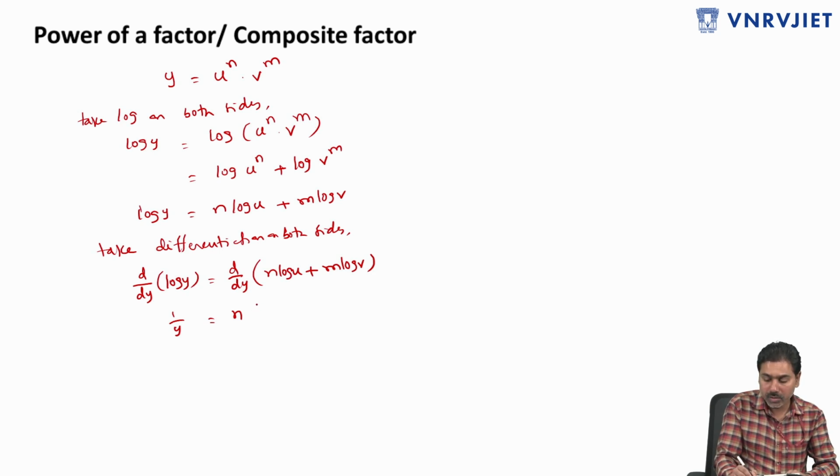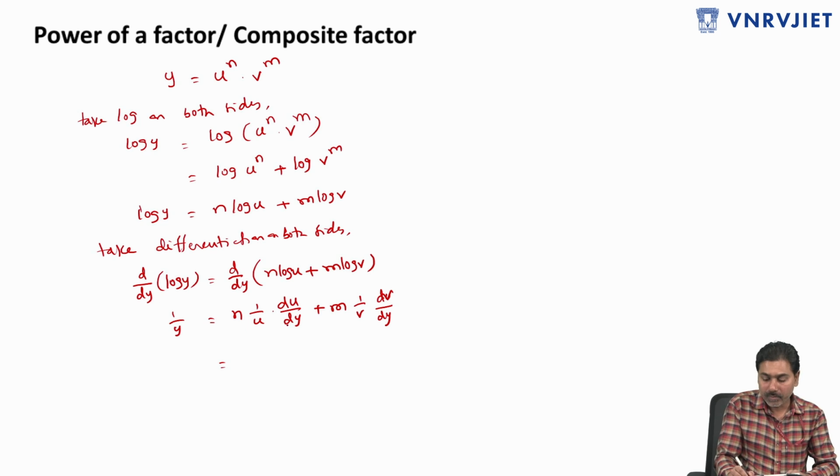So log u differentiation is 1 by u, and since it is differentiated with respect to y, not u, it will be du by dy. Similarly, for the second term, it will be m into 1 by v into dv by dy.